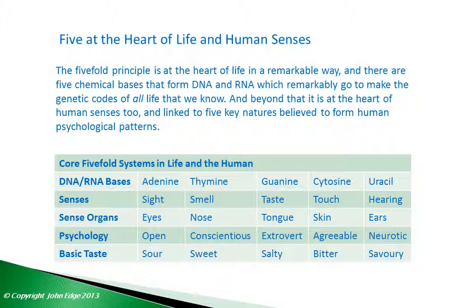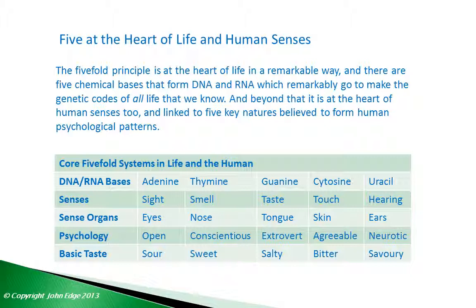And when we go to look at the human being, we find, isn't it remarkable, we have five senses, five ways of recording the world through our physical systems. Sight, smell, taste, touch, and hearing. And of course we have five sense organs that connect to that as well.